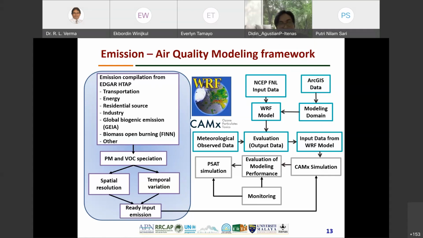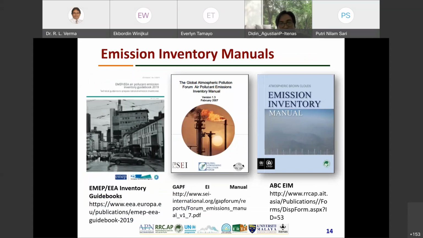If you would like to improve the spatial resolution and also add the feature of temporal variation, then we need to spend some effort to provide the ready input emissions to be supplied to the air quality modeling applications. So just to note that emission is a crucial input for air quality modeling applications.